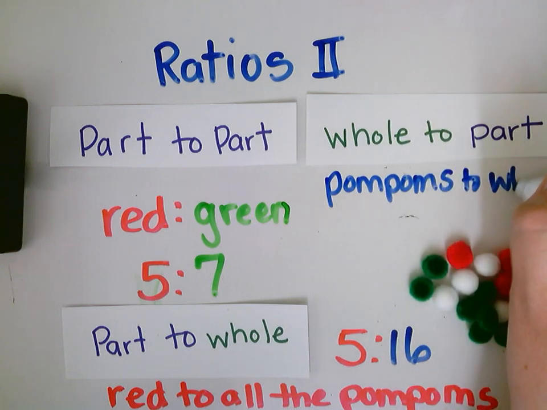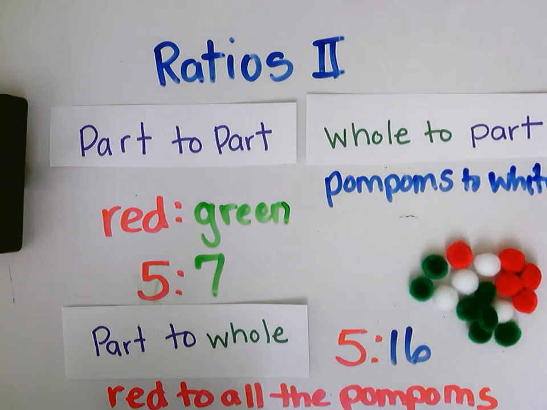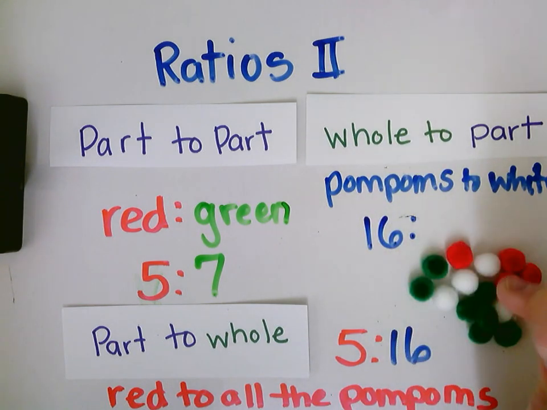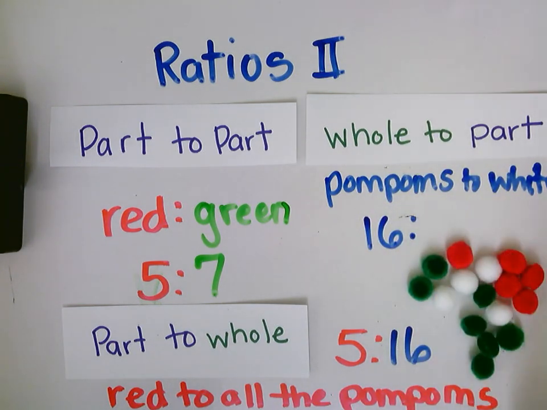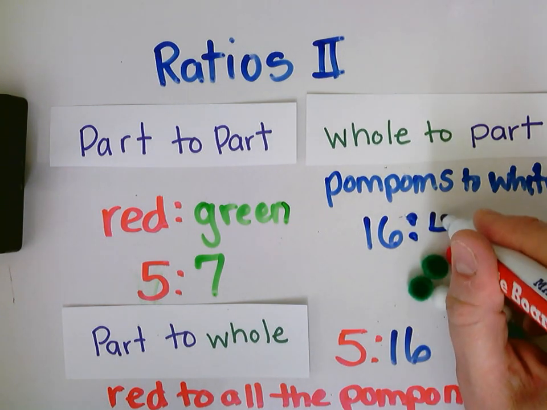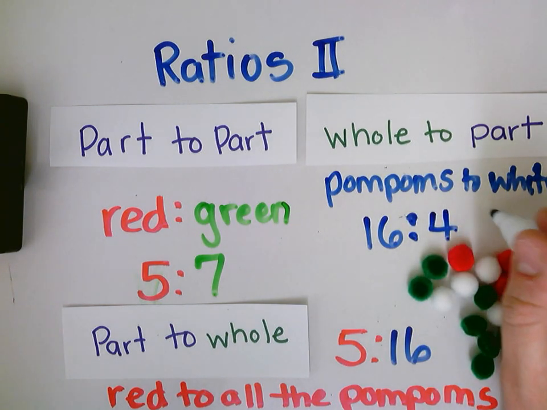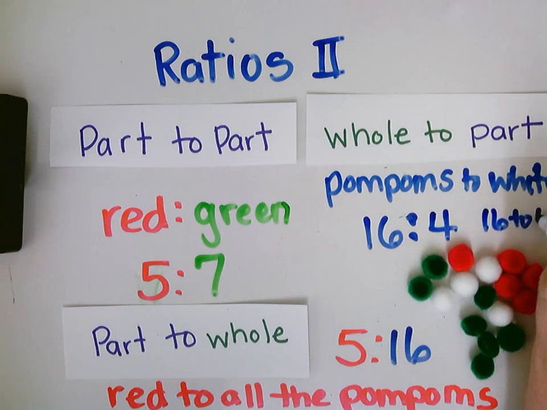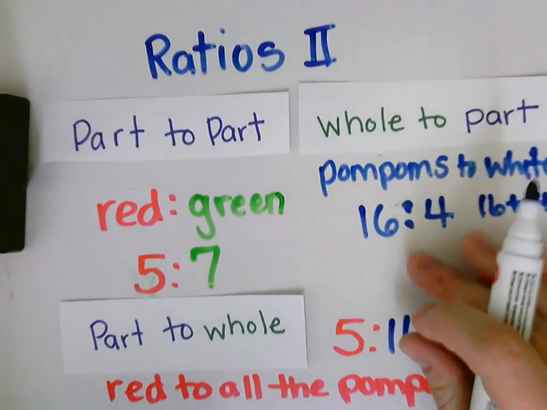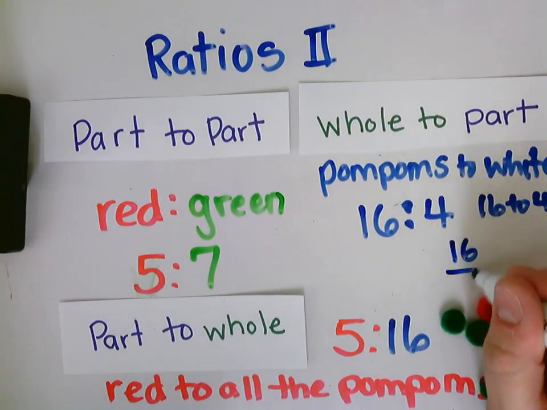So again, all of my pom-poms were 16, but I have 1, 2, 3, 4 white ones. So my ratio there would be 16 to 4, or I could write it as a fraction, 16 over 4.